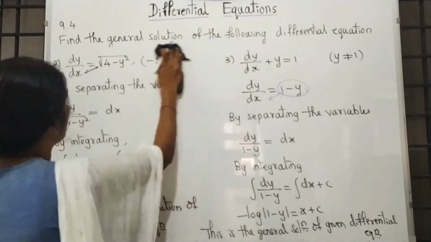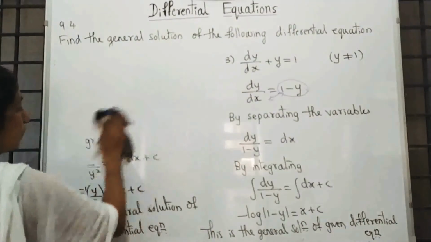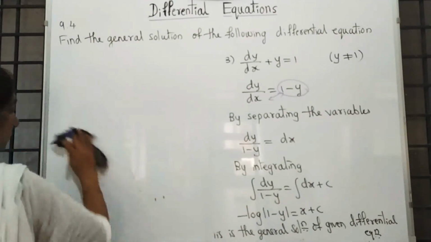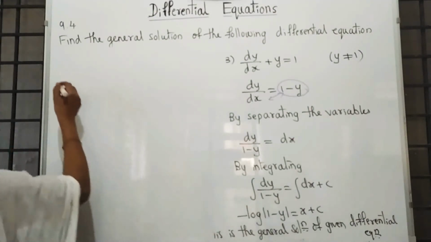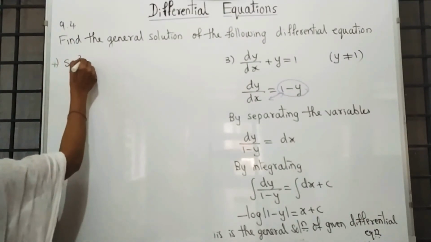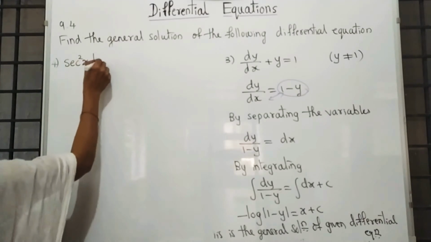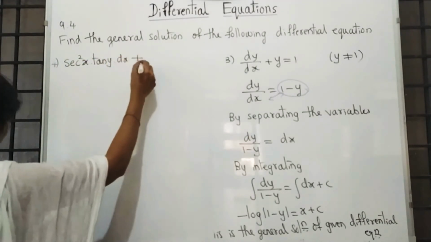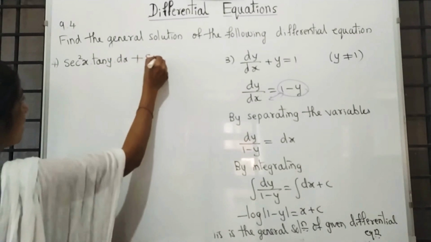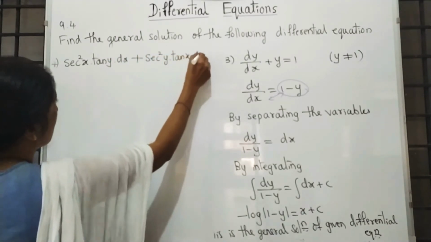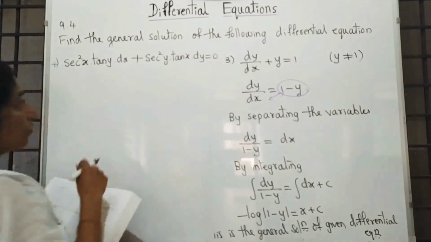Moving to the next question, that is question number 4. Question number 4. Secant square x into tan y into dx plus secant square y into tan x into dy is equal to 0.